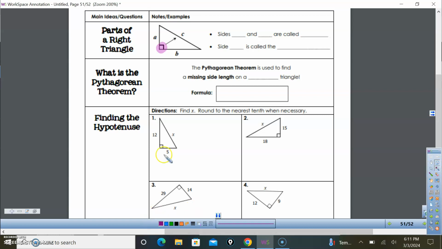So couple vocabulary words for you. The side that is opposite of that right angle. So you can see here, I just drew my arrow from my right angle to this side right here called C. That side, C, is called the hypotenuse.